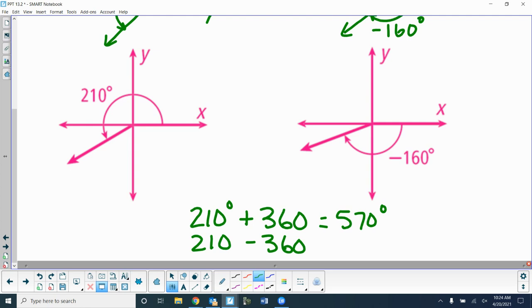Negative 150. You were supposed to find a positive and a negative coterminal angle. You just add and subtract 360. Make sure you get a negative when they ask you. If you're over 360, you're going to have to subtract 360 a couple times to get to that negative area. That's basically everything we did yesterday. We okay with that stuff?